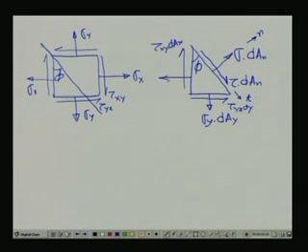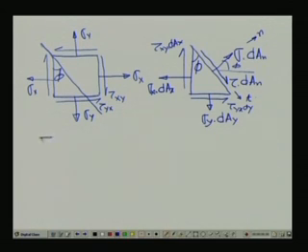This one is sigma x into dAx. Is it all right? I think we have covered all the forces. So if this is the angle phi, then obviously this angle also comes out to be phi.